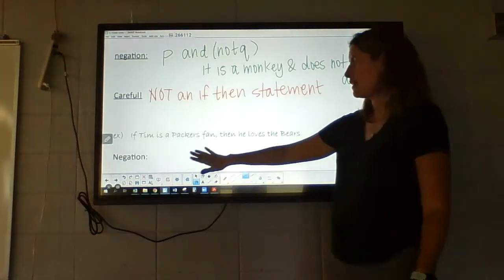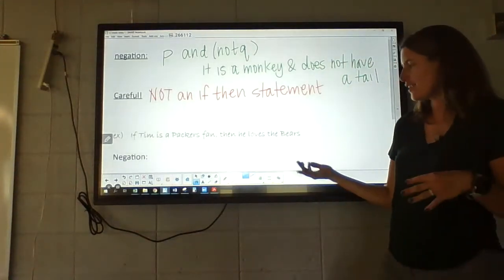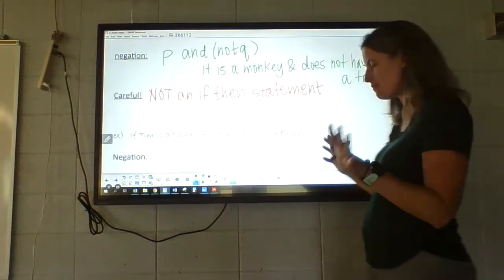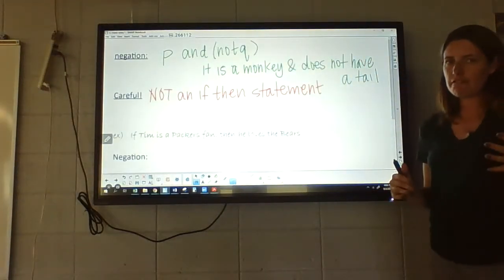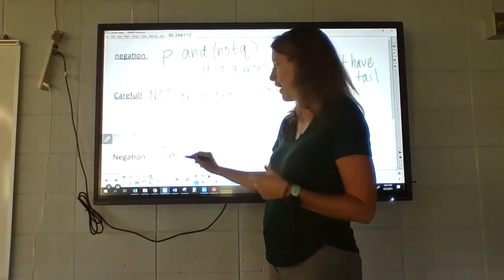So here's our if-then statement. If Tim's a Packers fan, then he loves the Bears. You might agree that that's not a true statement to begin with. That's okay, don't let that throw you off. The negation of this is Tim is a Packers fan, so we take the if out of this.